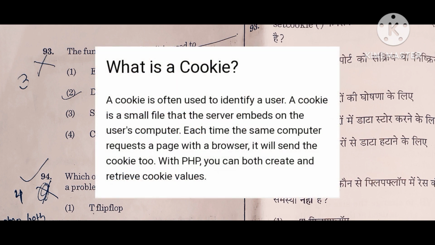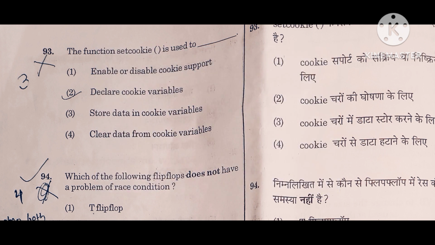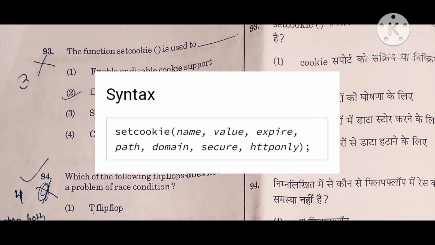Okay, what is cookies? It is a small file that server embeds on user computer. It helps website to remember information of user's last visit. Okay, so here you see in PHP what is the syntax of cookie.